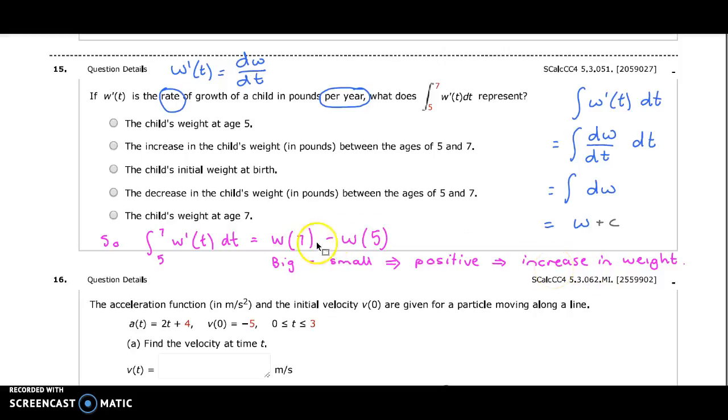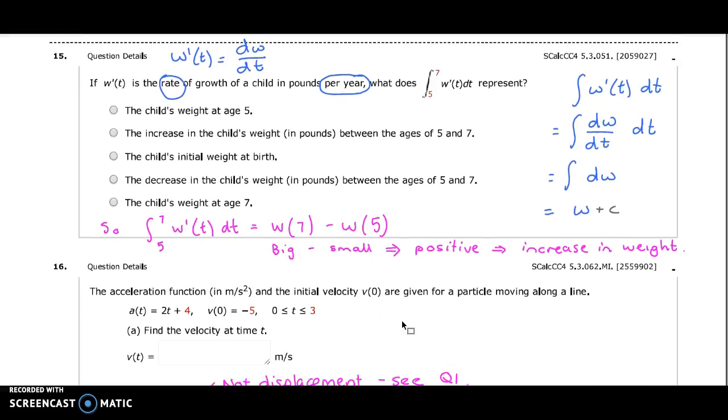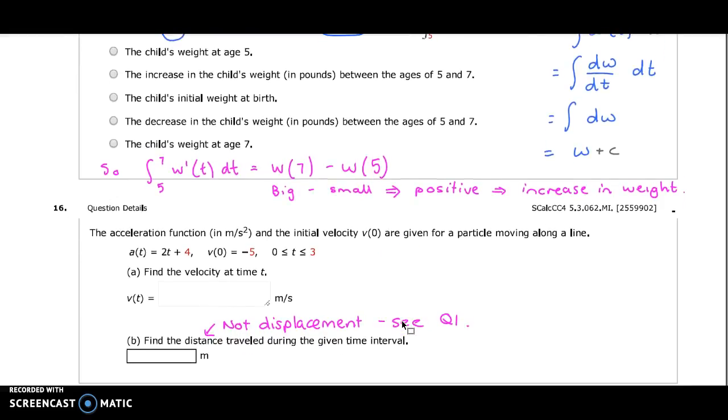If this value, W7 minus W5, is a negative value, then I interpret that as the negative increase in weight, which is then change the sign of the number and call it the decrease. But because you would have to change the sign of the number, I couldn't define this value as being the decrease. So the answer would be, well, you'll figure it out.